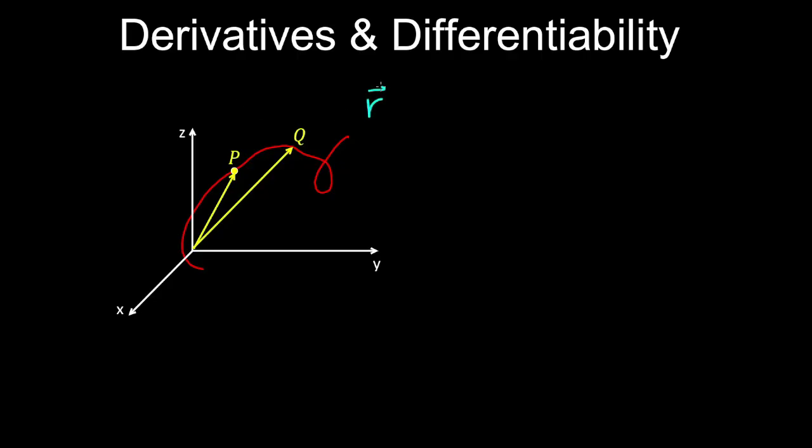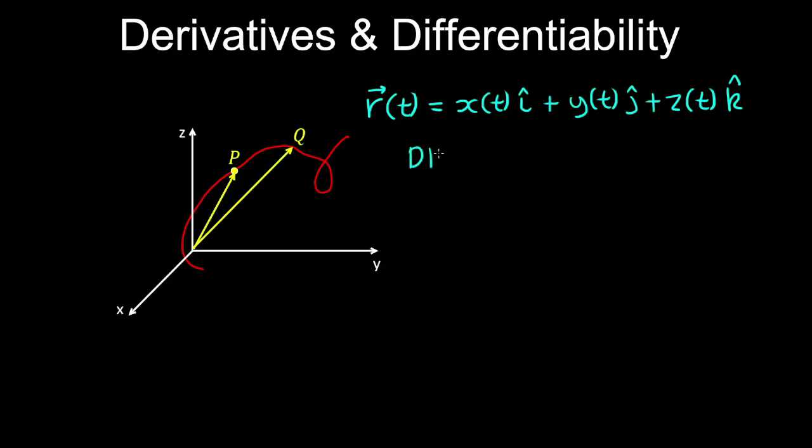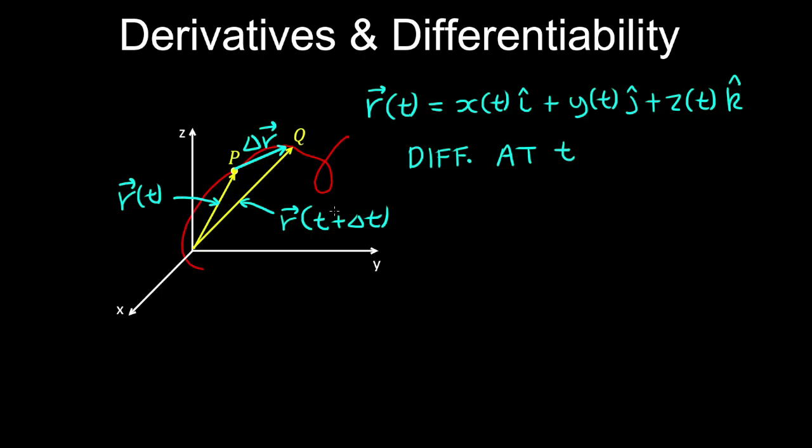Given the position vector of a particle r(t), which is equal to x as a function of time in the i direction, plus the y coordinate in the j direction, plus a z component in the k direction, and if the functions x(t), y(t), and z(t) are differentiable at time t, then by vector addition, given that this is r(t), and this vector is r at time t plus delta t, then we have r(t) plus delta r is equal to r(t plus delta t).